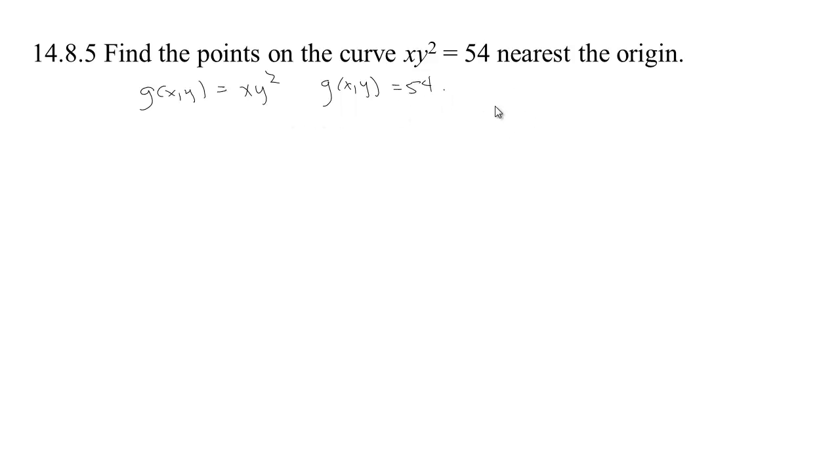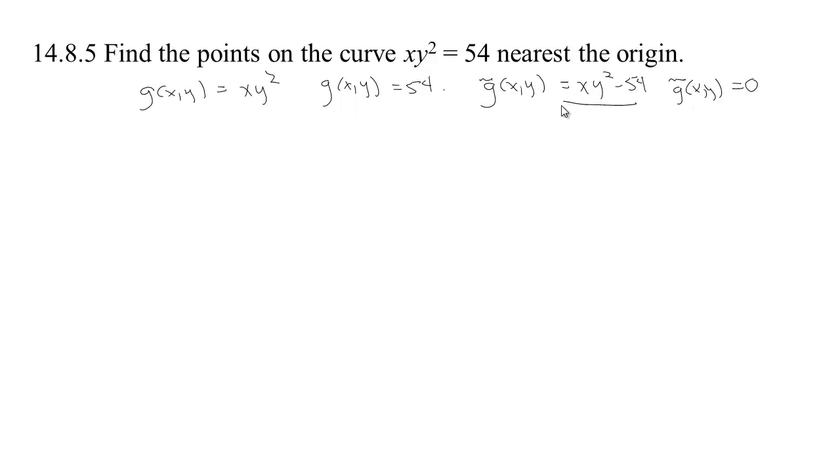You could do it a different way too. You could call it g tilde. This is another way to describe g. You could say g tilde is the function xy squared minus 54, and like the description before of the method of Lagrange multipliers, you're looking for where g tilde is equal to 0.